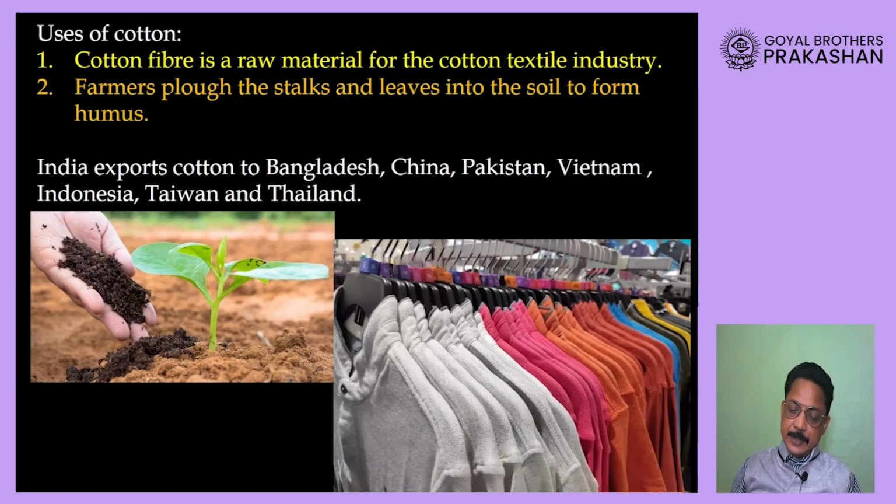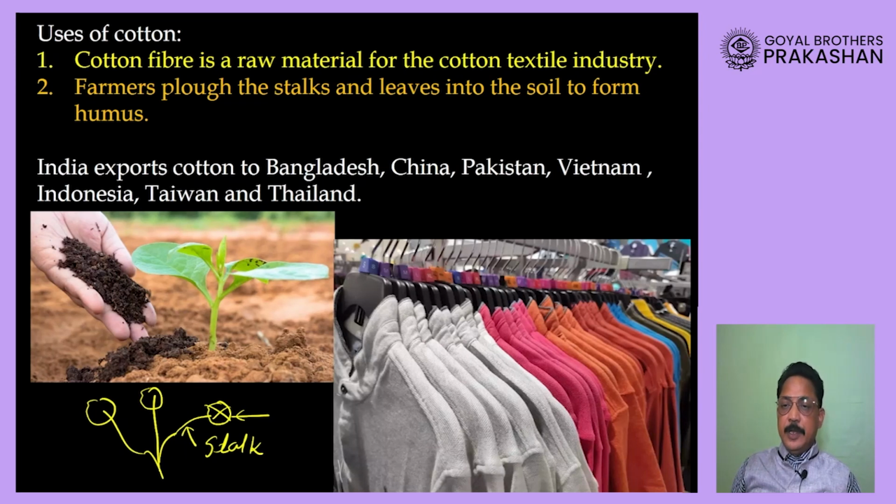Now please understand something very important. If this is a plant, and the cotton is growing, once you remove this cotton from the plant, the remaining part is called a stalk. This stalk is given to the animals as fodder.